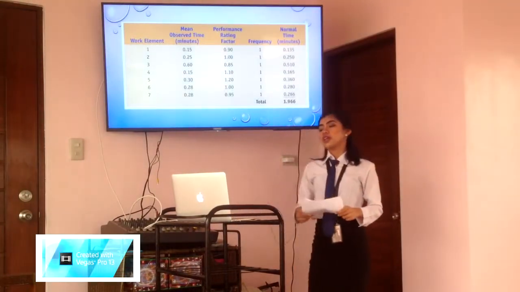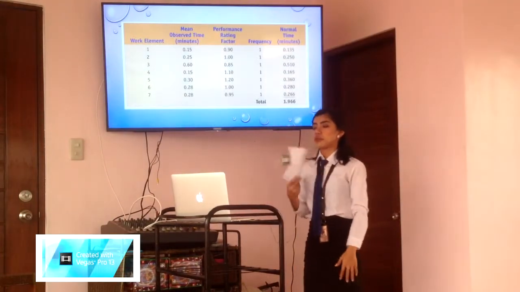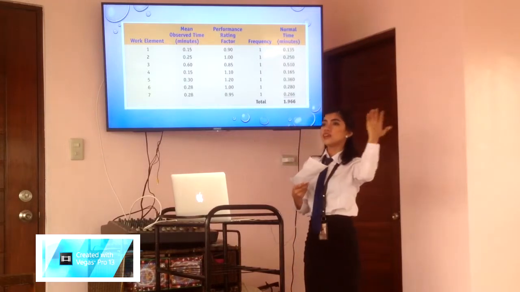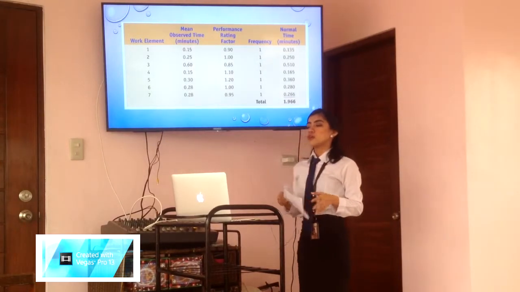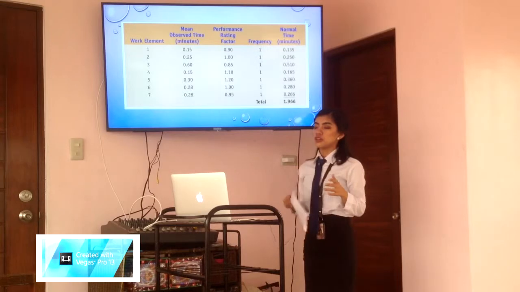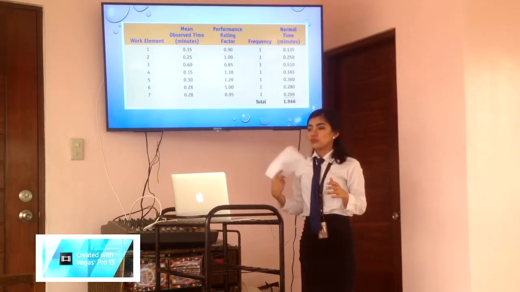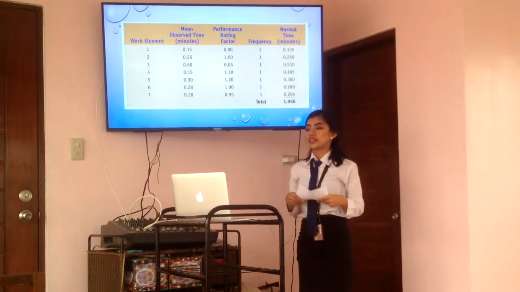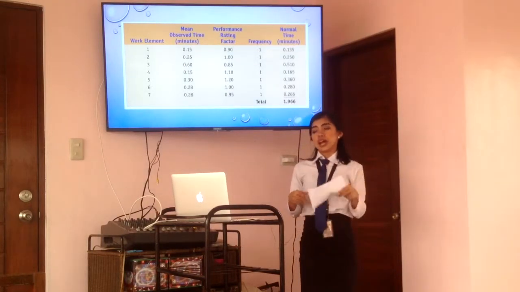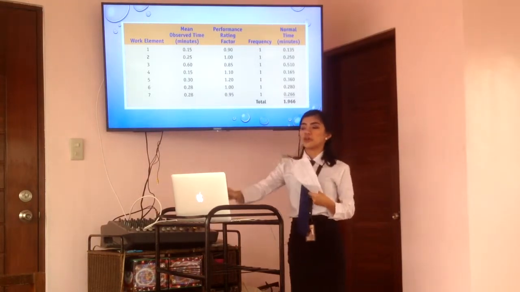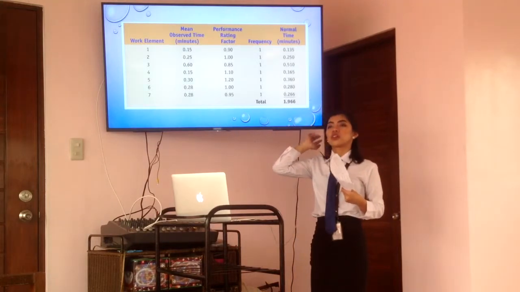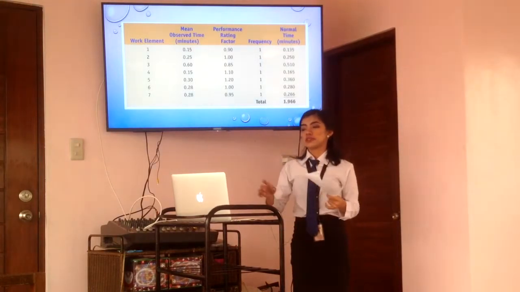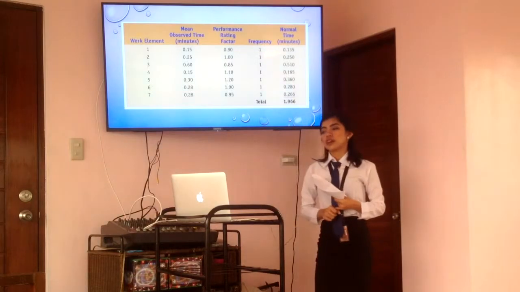So, we already have the mean observed time, the revised mean observed time. We have the performance rating factor, and we have the frequency, which we said is 1, and the normal time. For the normal time, we multiply the mean observed time, the performance rating factor, and the frequency.